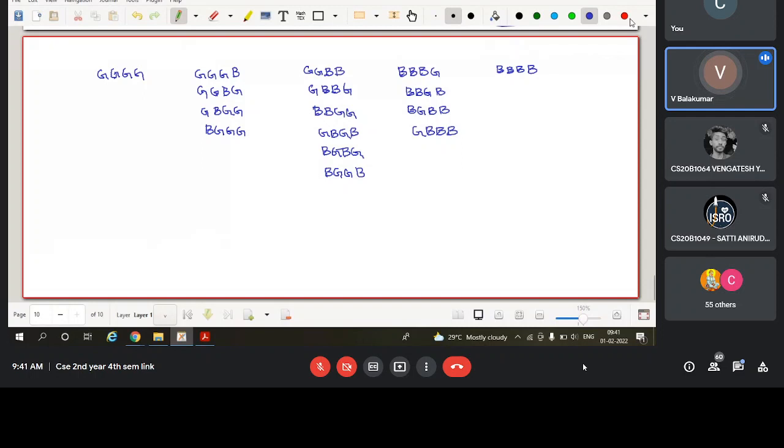Now, let me define capital X equal to number of girls. Something like this I am defining. Maybe I am defining number of boys. It doesn't matter what I am using. In this way, I want this capital X.